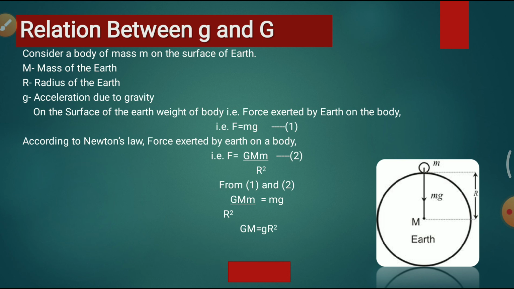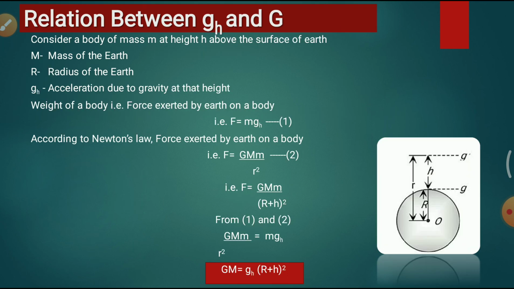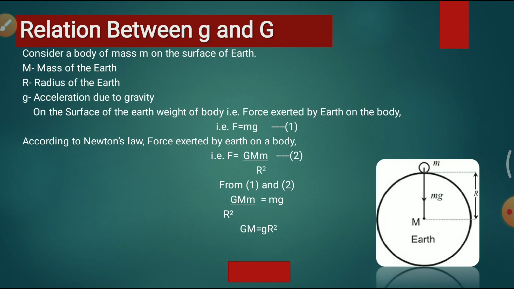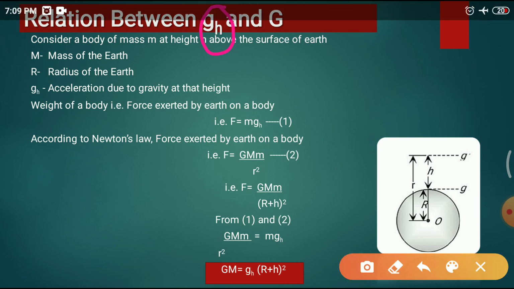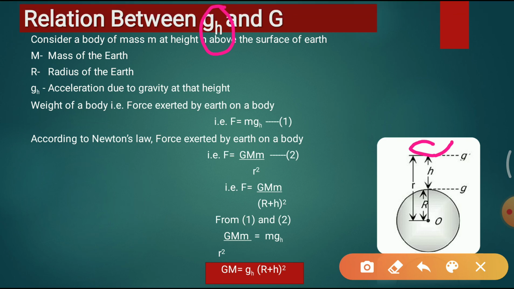Now, let us see the relation between g h and g. First of all, let us see what is meant by this g h. Gh means the acceleration due to gravity at height h, meaning that a body of mass m is placed at some height from the surface of the earth.